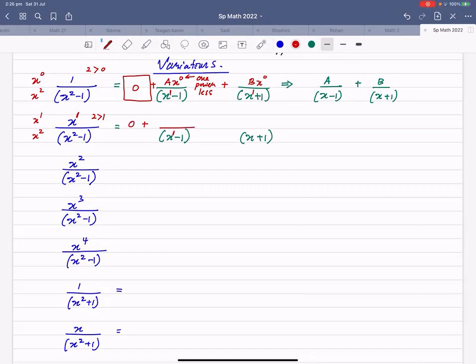So you construct something which is 1 power less. So it's going to be again a, again b. So actually it should be a x 0, b x 0, right? But that would be 1. So it's going to be again a divided by x minus 1 plus b divided by x plus 1.